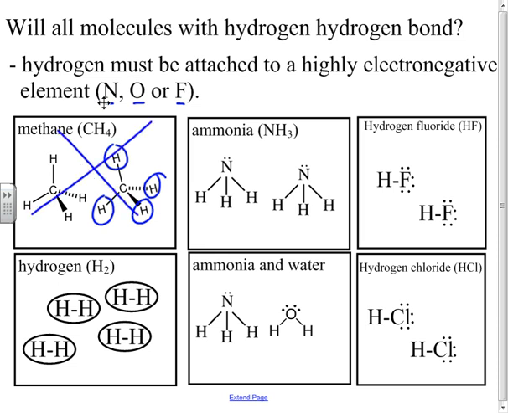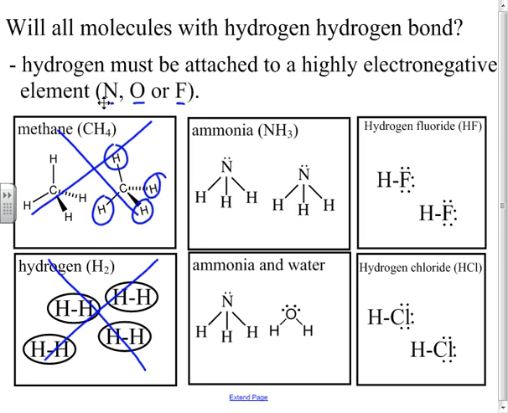It's actually a non-polar molecule, so it would also not dipole interact. Same thing for hydrogen, H2. It is a non-polar molecule. The hydrogen is not positive in any way, shape, or form, so will not attract unshared pairs of electrons on other molecules.